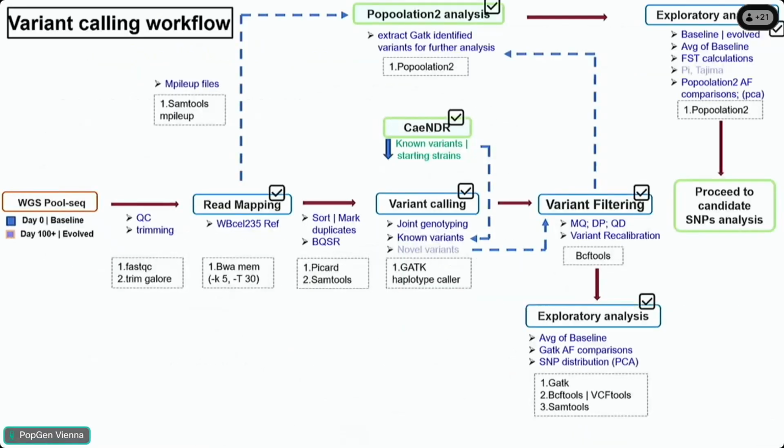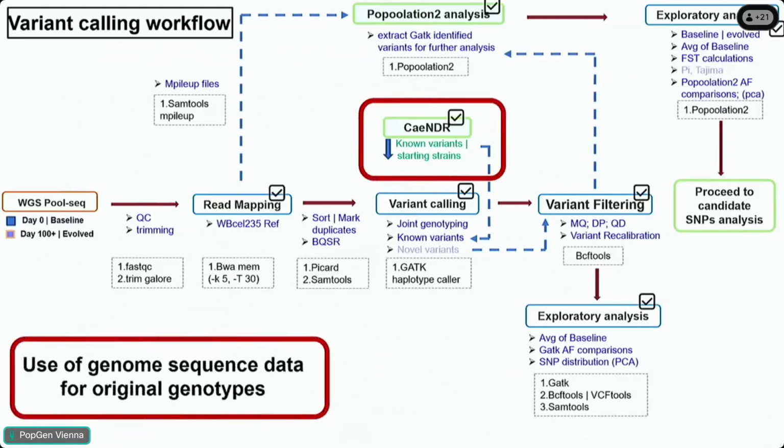So we obtained all these pooled population genome sequences, and I'm sure you know these kinds of pipelines. They look very complicated, so I will not go into detail. And as I said, this is also really work that is still ongoing. We haven't really finished everything. I'd like to emphasize what helped us in the analysis of identifying SNPs that we then use for subsequent analysis, that we had full genome sequencing data of relatively good quality for the starting genotypes.